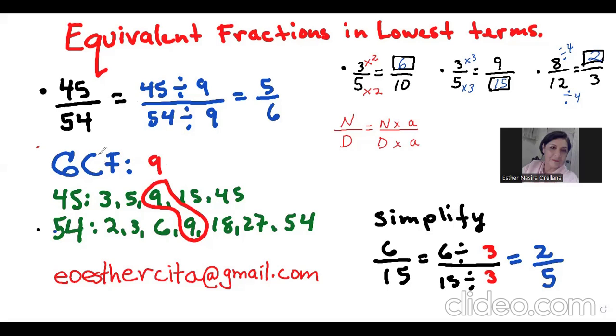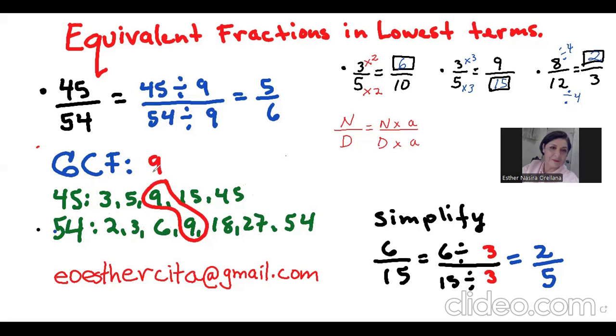So if we are going to find the GCF of the fraction 45 over 54, we write the factors of 45. 45 is divisible by 3, by 5, by 9, by 15, and we finish the list of factors with the same number, 45. 54 has factors 2, 3, 6, 9, 18, 27, and 54.